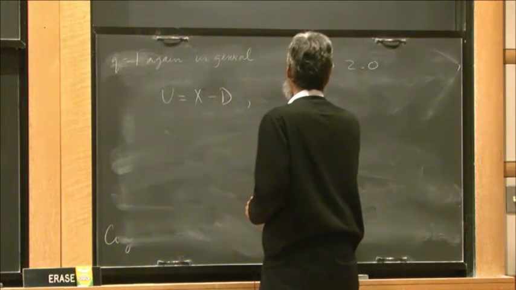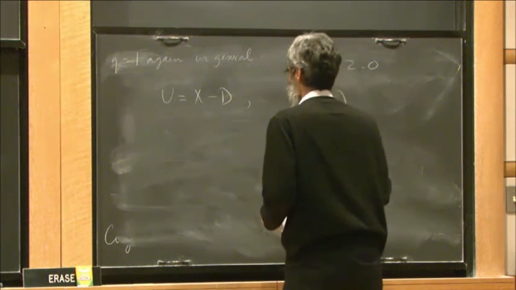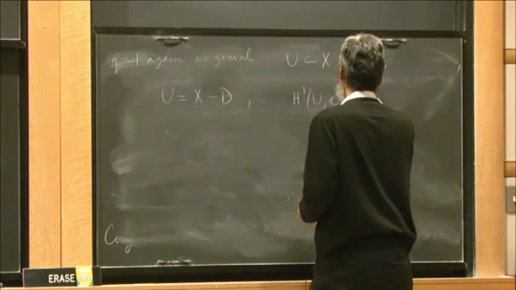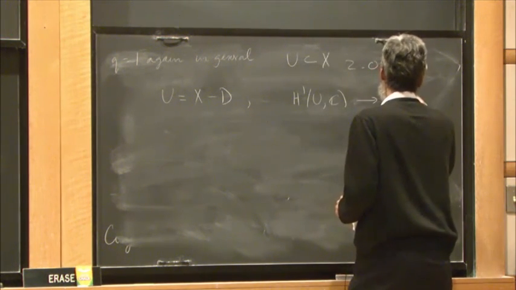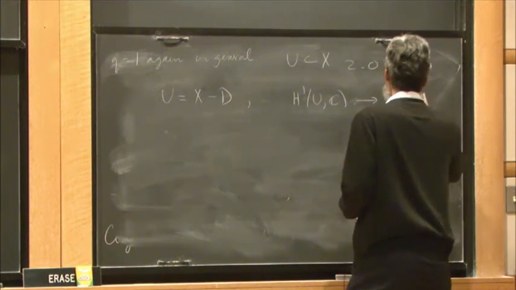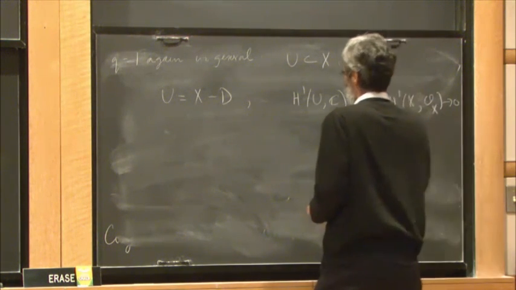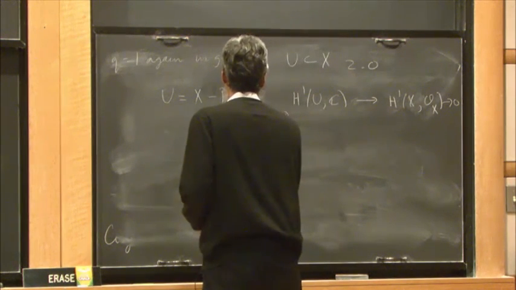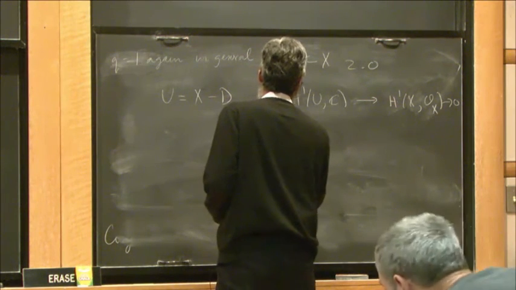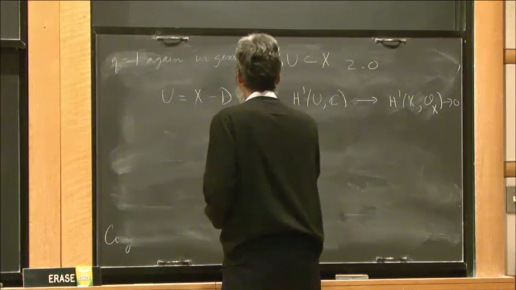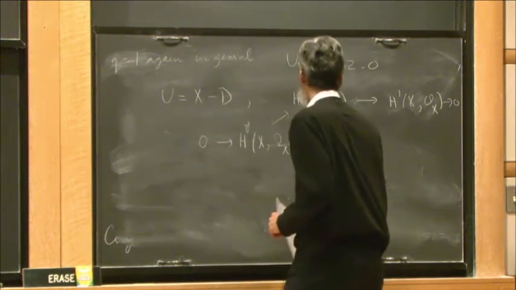And the first cohomology of u, this time with complex coefficients, would map to H1 of x, and here it is H1 x omega x log d. When I write a 1, I mean a 0.